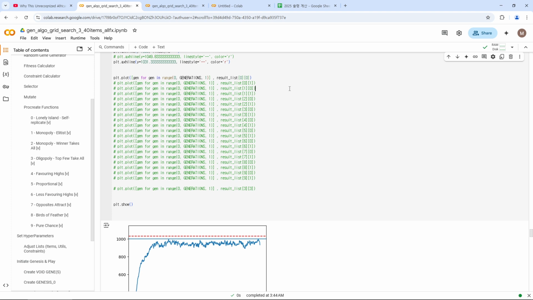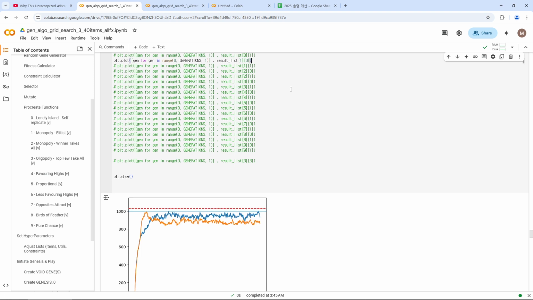Remember, the top entity gets to procreate with the other top entities, the top 10% of the entities, but the top entity is always fixed to be parent 1. And this is what happens.